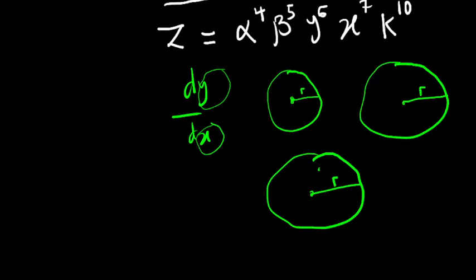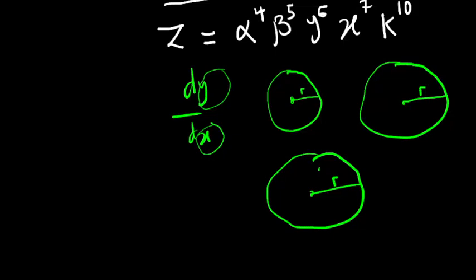Now, what really is the difference between all these circles is their radius. That means the rate at which area is changing depends on the rate at which radius is changing. So if you have a small radius, you are expecting a small area.